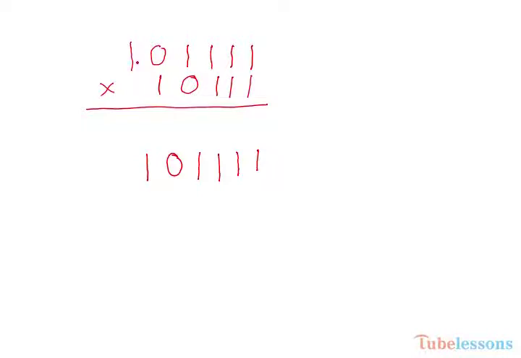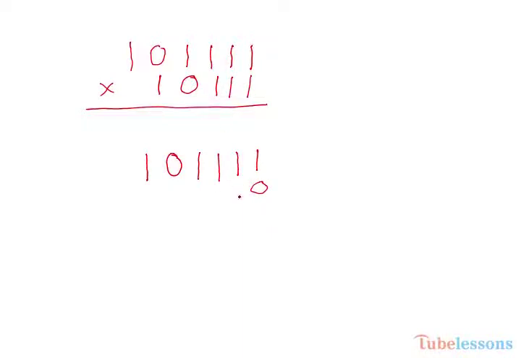Now multiply all the digits of the top row by the second place digit of the bottom row, and for the second place number leave one place, leave 1 0.